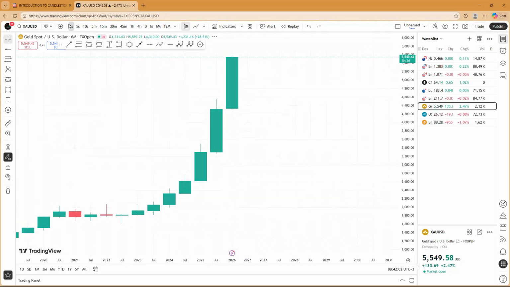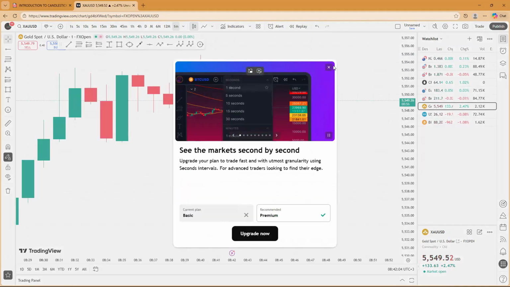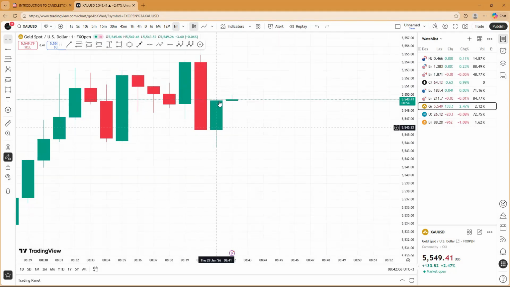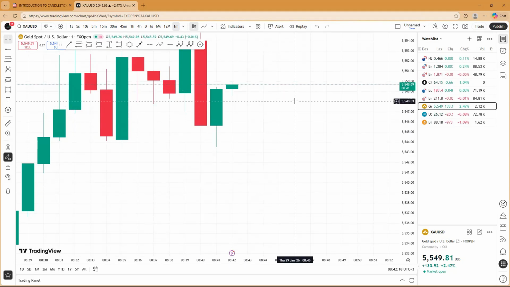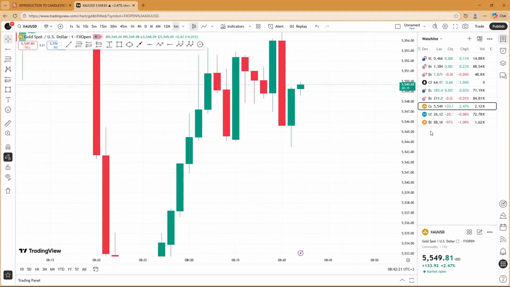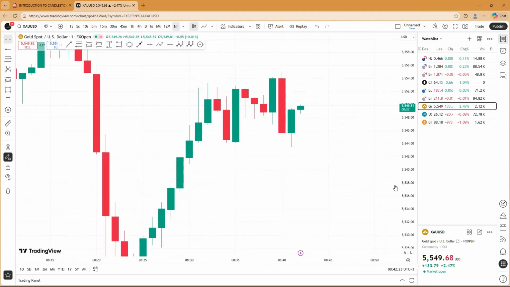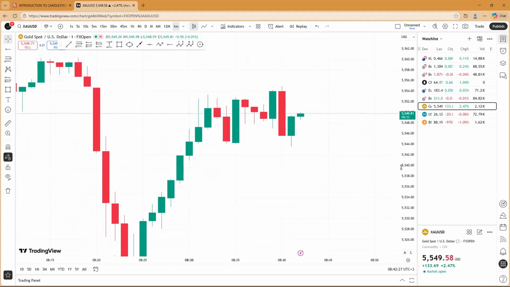When you go to seconds, this candle represents 1 second. Very, very, very important. Yeah. So that is the topic of today.